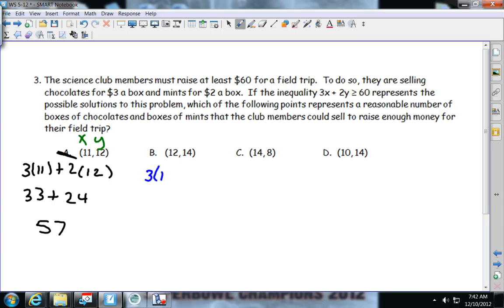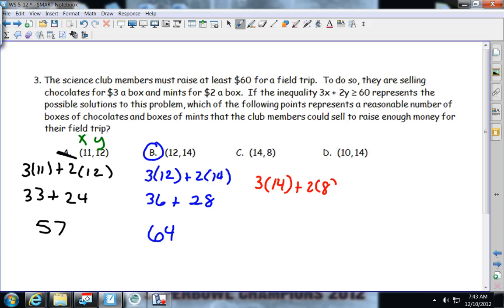I have 3 times 12 plus 2 times 14, which is 36 plus 28, which is 64, right? That one works. You just need to be patient. 3 times 14 plus 2 times 8.